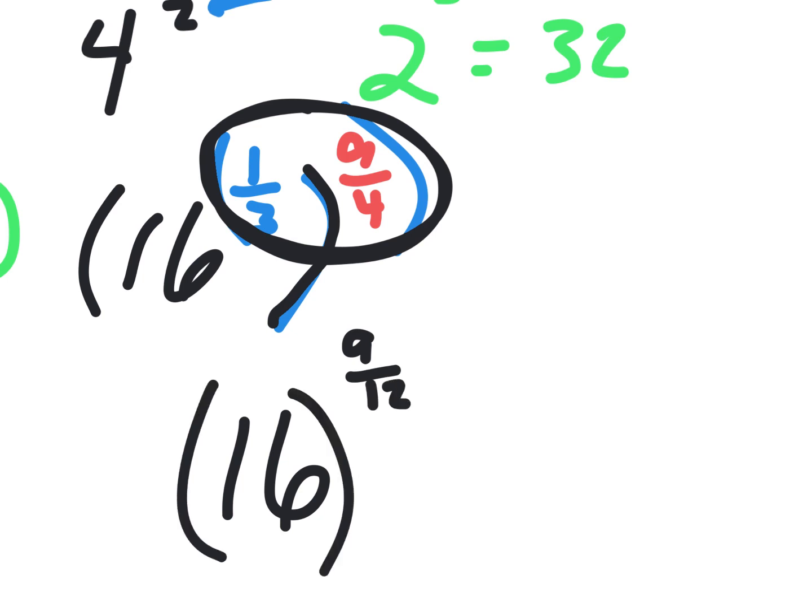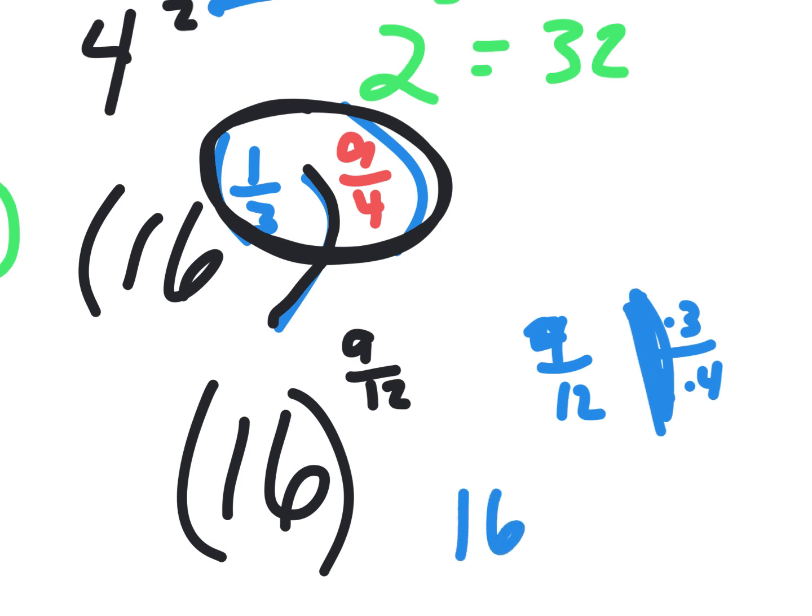Now, could you reduce 9/12? You can reduce it with a calculator. If you know how, you can just reduce 9/12 by going like this: 9/12 is really 3 times 3 over 3 times 4, and the cool part is then it's 3/4. So that's really 16 to the 3/4 power.